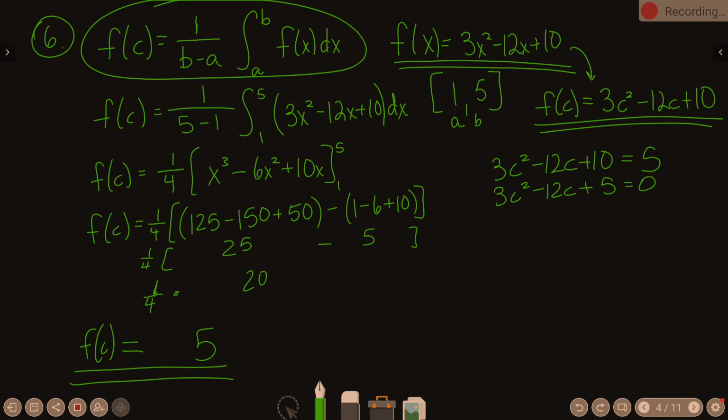Okay. Now, what I was getting ready to do is, you can check the product of AC and just make sure, but you'd have to have something that multiplies to be 15 and adds to be negative 12. So, yeah. Quadratic formula.